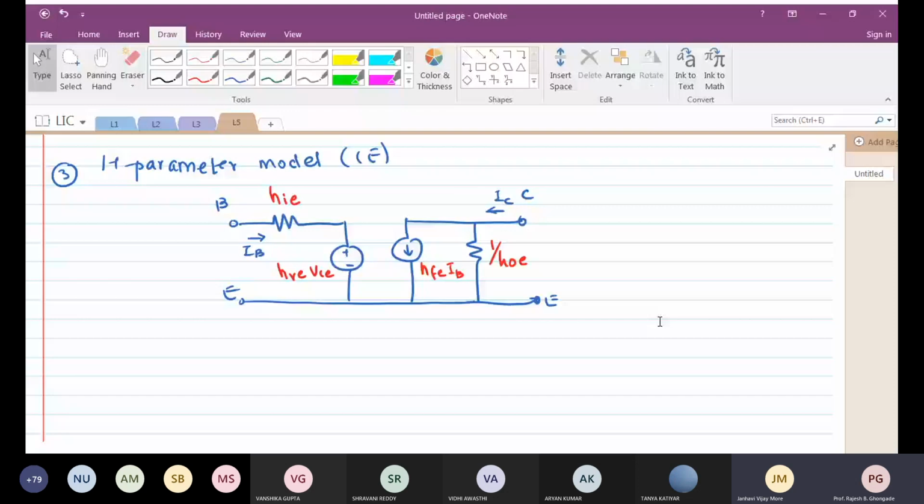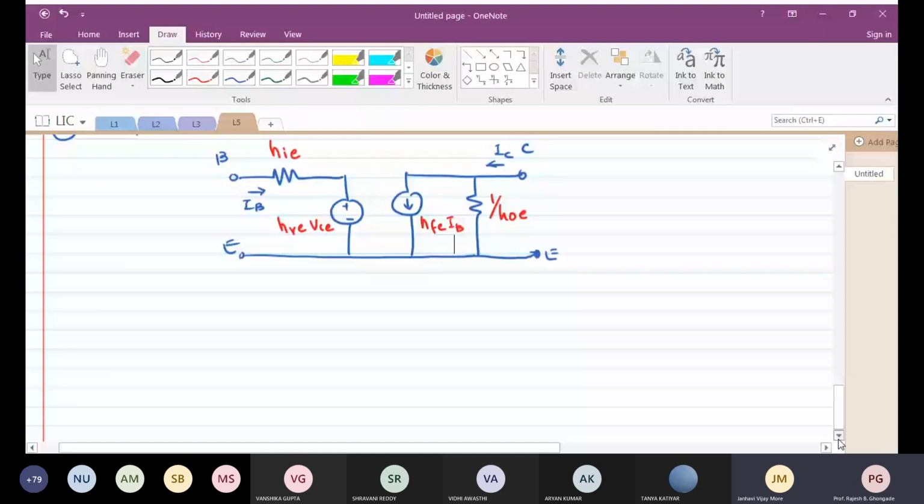Let's go on to the differential amplifier now, which is the most important thing. The differential amplifier.